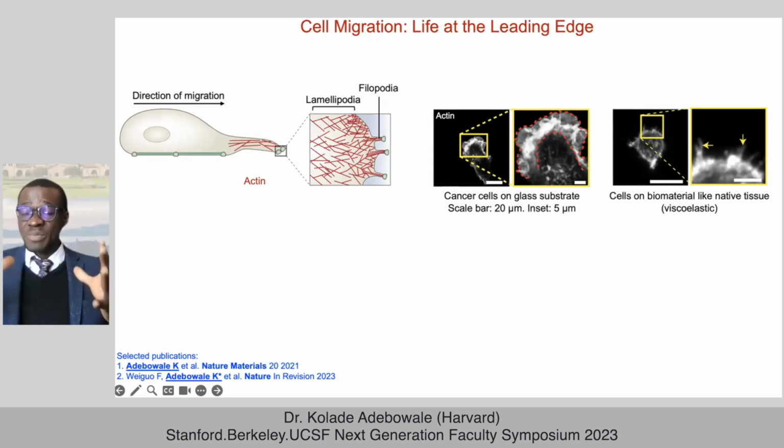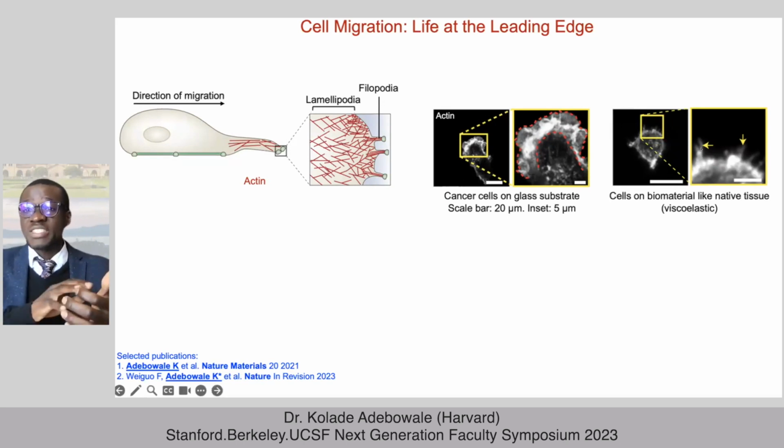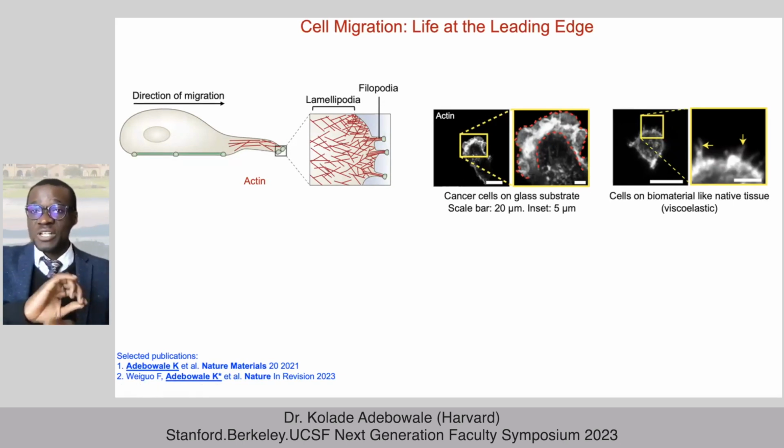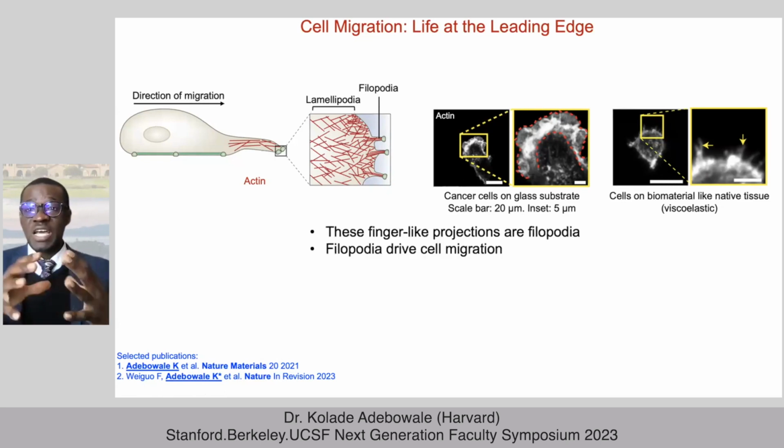However, when we put the same cells in a material system that's more similar to biological tissues, specifically which are compliant and also viscoelastic, we observe the emergence of these really prominent extensions from the cell surface. We then did a series of immunohistochemistry and biochemical assays to determine that these protrusions are filopodia protrusions.